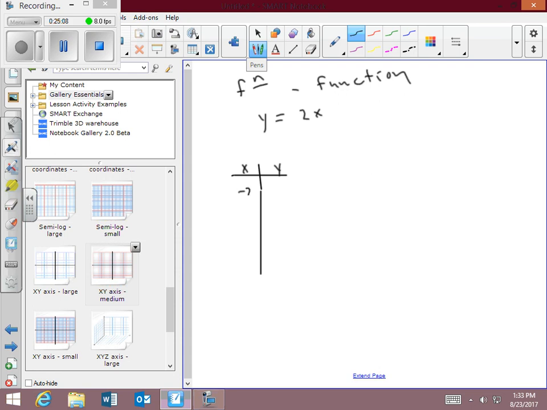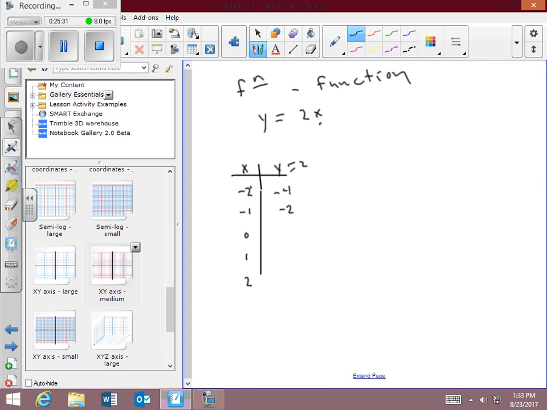If x is minus 2, minus 1, 0, 1, 2. If x is minus 2, y is minus 4, right? Minus 1, y is minus 2. So I'm just putting this x value in place of that, right?